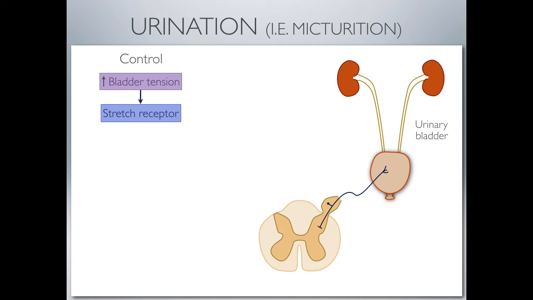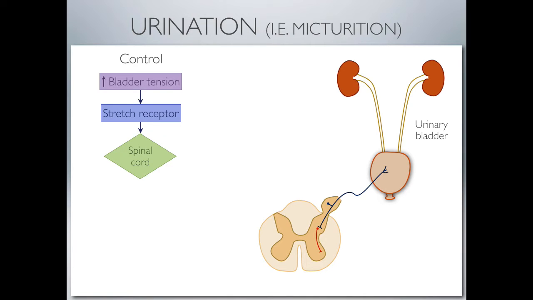And again, the stimulus, the sign of the variable matters. This is a heightened bladder tension that excites the stretch receptors. Then, because of the termination of that neuron in the gray matter, we have the passing of that signal to the spinal cord. And it's in the spinal cord that decisions are made about the efferent responses.